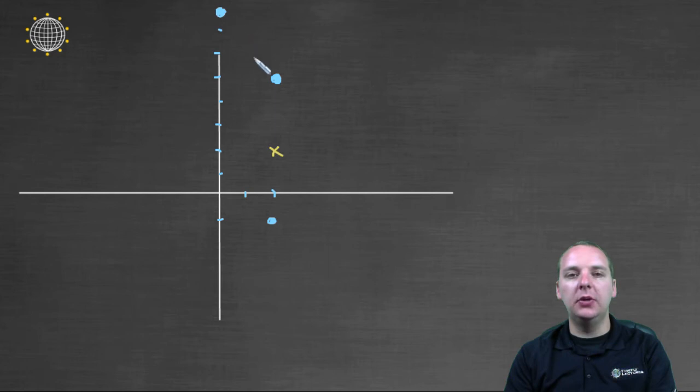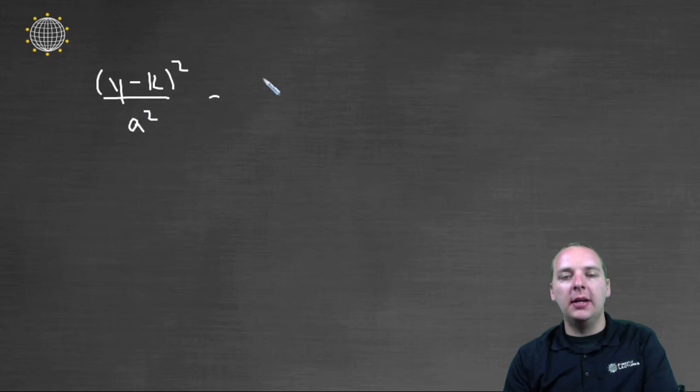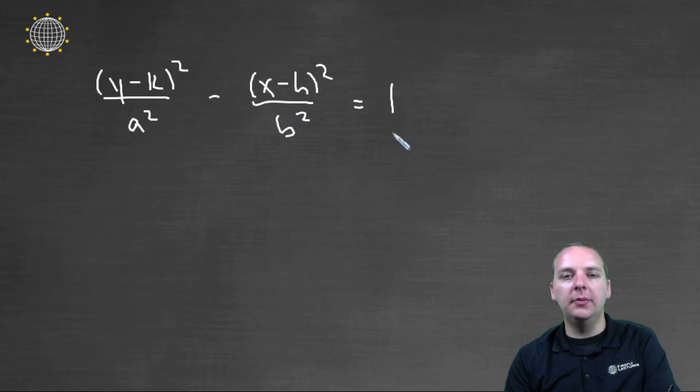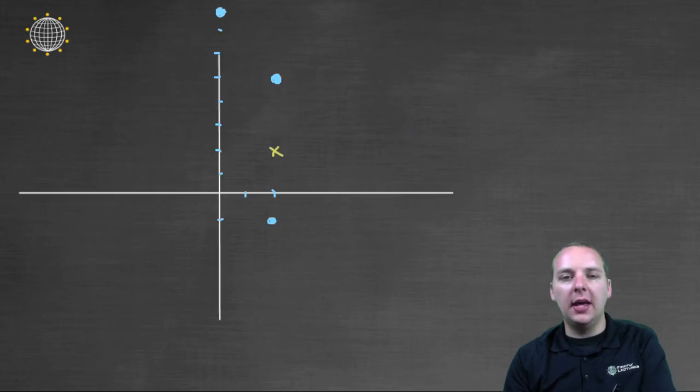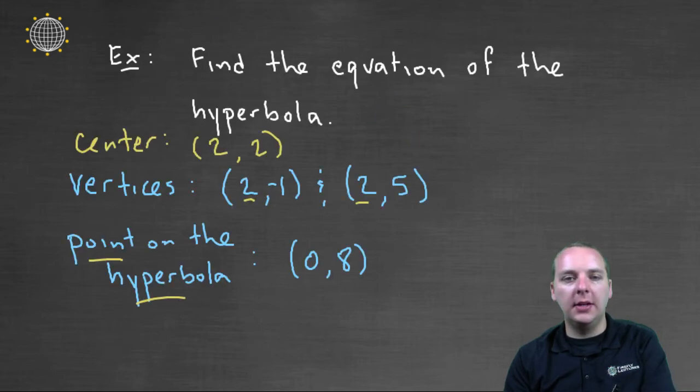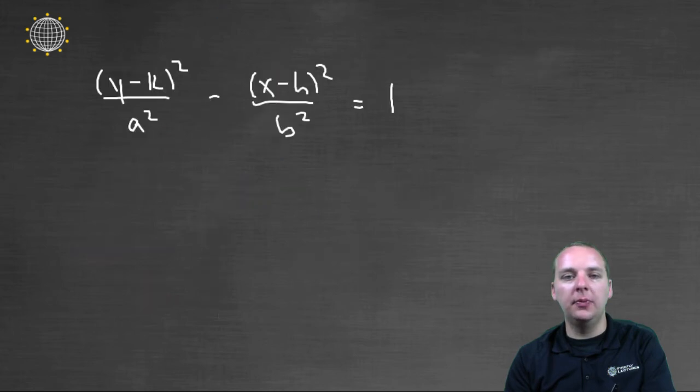So let's see if we can use that to our advantage. We'll start building the equation the best we can. Because I know that this opens up and down, I know it's going to be (y - k)² over a² minus (x - h)² over b² equals 1. I know the h and the k already. The h and the k is (2, 2).